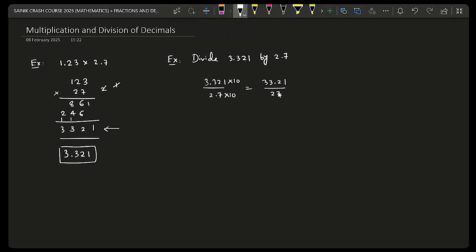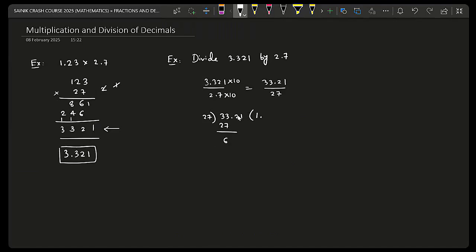Now you can start doing division. Once the denominator is a whole number, not a decimal, you can do the long division process. With 27 we can divide 33.21. 27 ones are 27. Now we subtract. 33 minus 27 is 6. Because the decimal point started in the dividend, we use the decimal point in the quotient also.